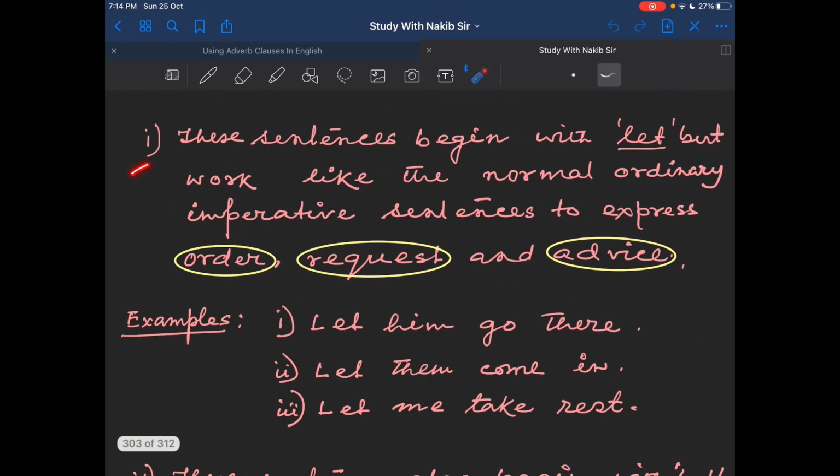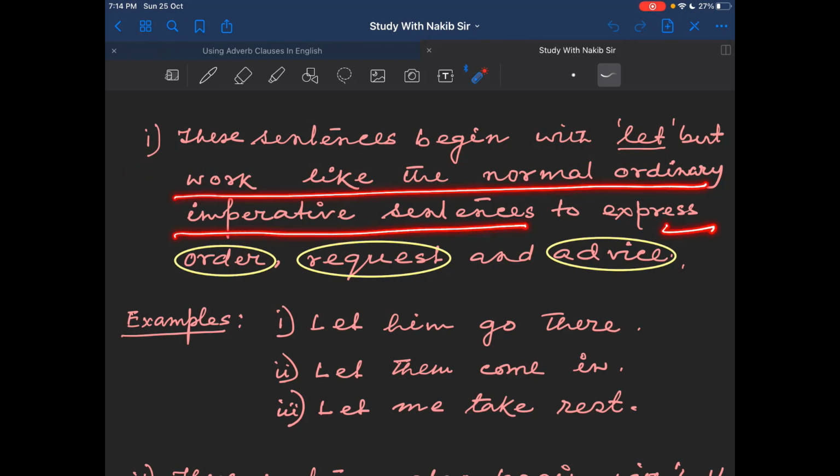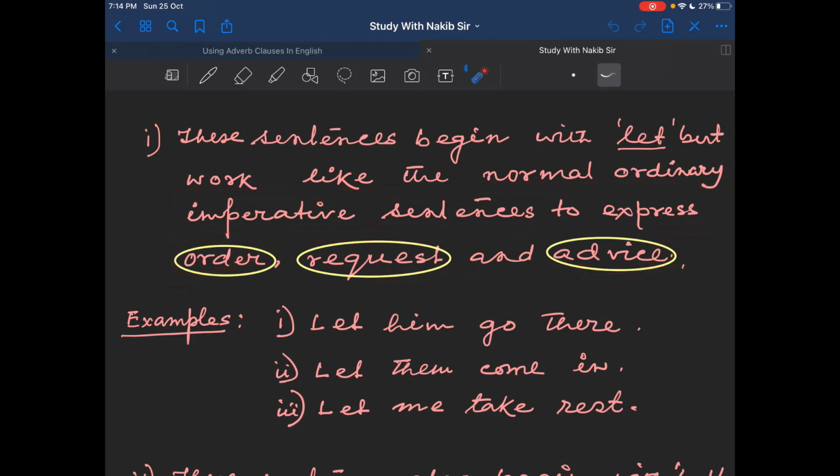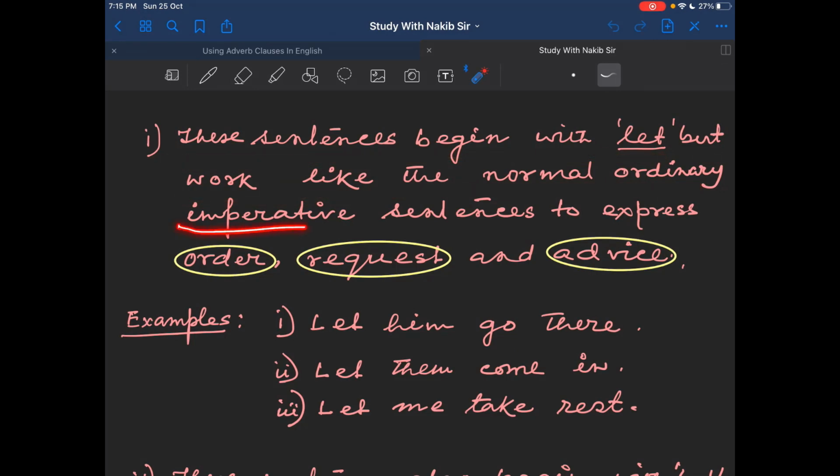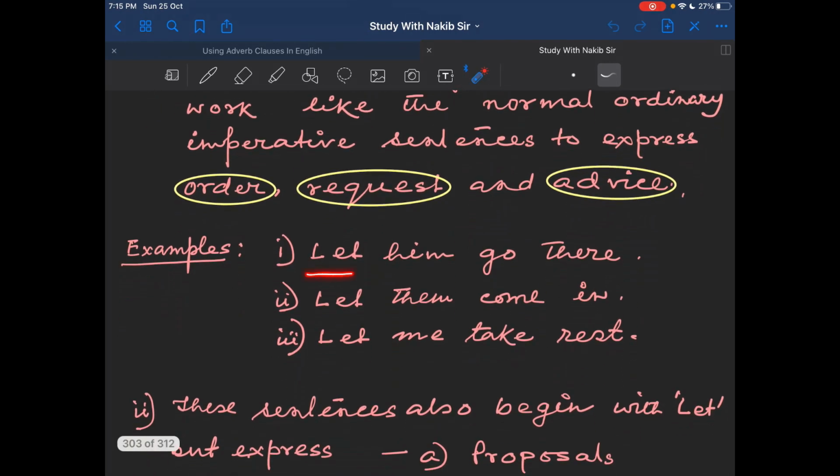Class 1, these sentences begin with let, but work like the normal ordinary imperative sentences to express order, request and advice. See the examples. Let him go there, let them come in, and let me take a rest.